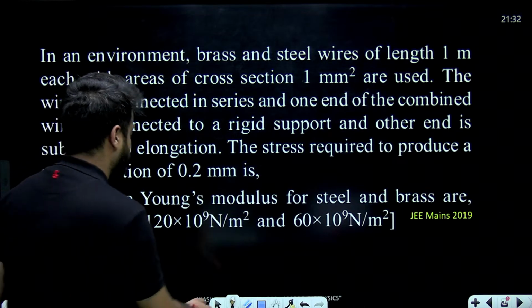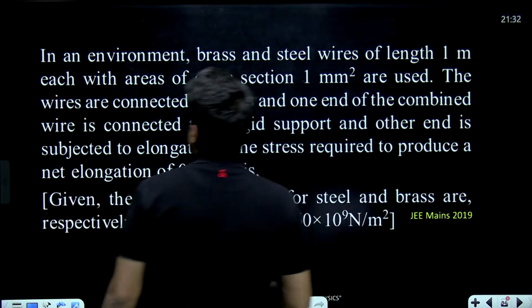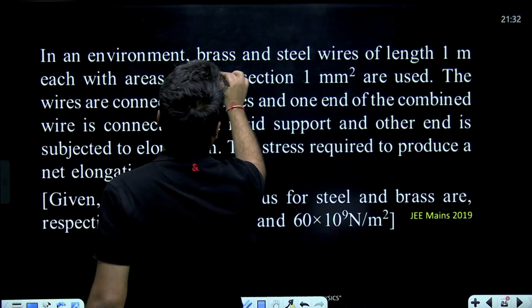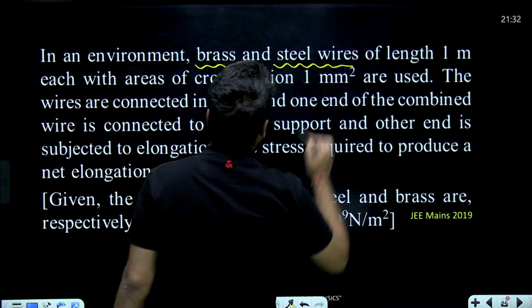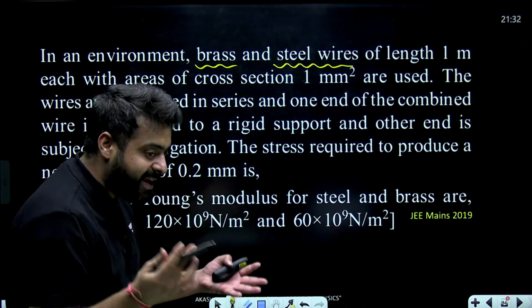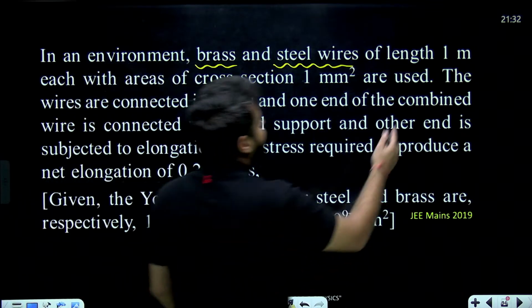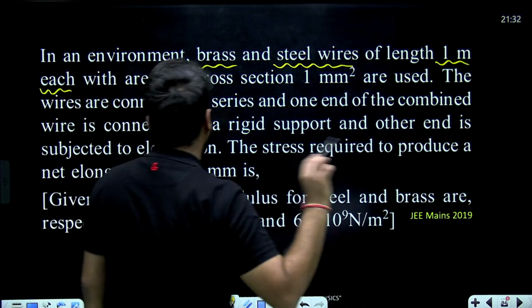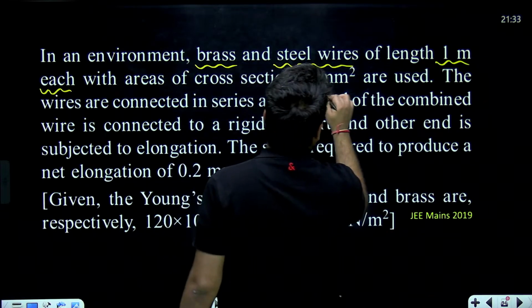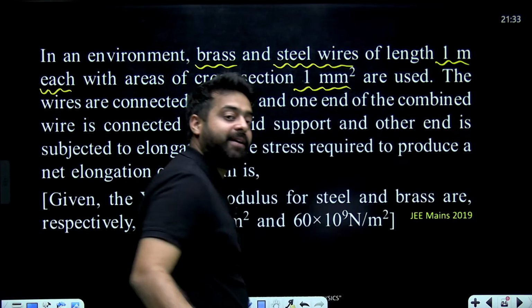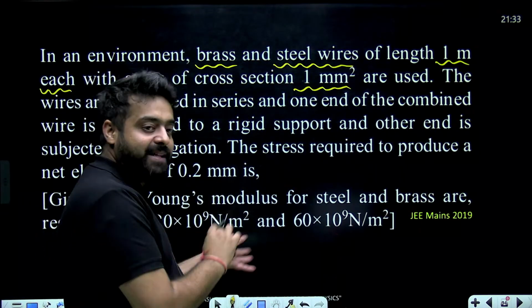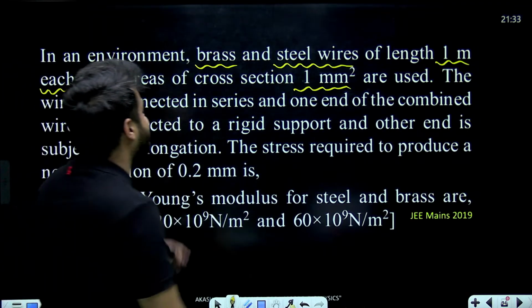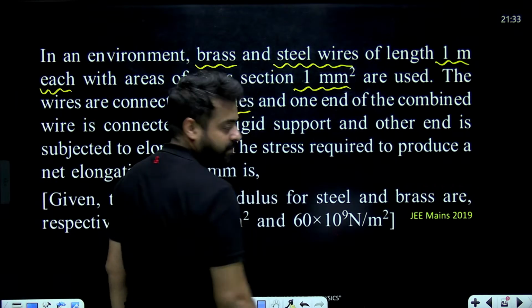Okay. What are the parameters I am studying? In an environment, at any temperature, there are brass and steel wires. There are two rods or wires of length 1 meter each. Both rods of same length with area of cross section of 1 mm square are used, both having the same area. So the length and the area are going to be same. The wires are connected in series.